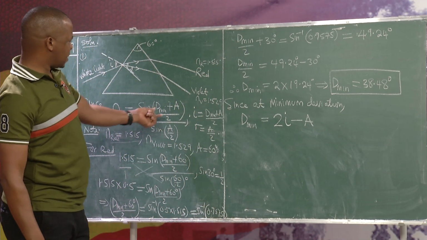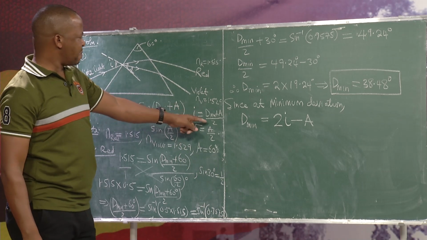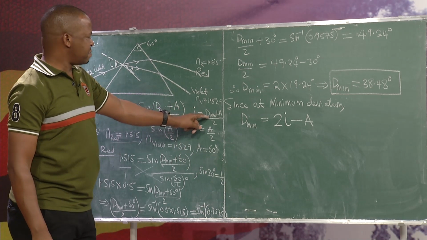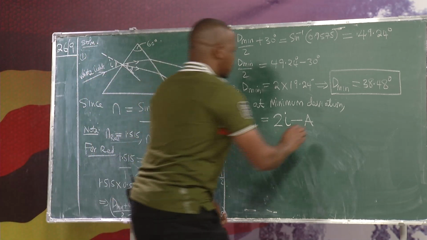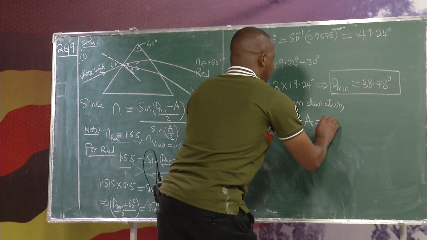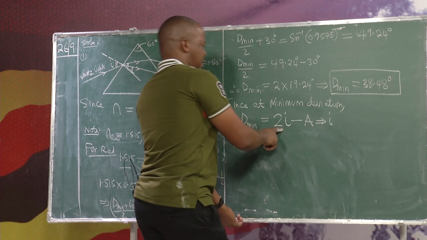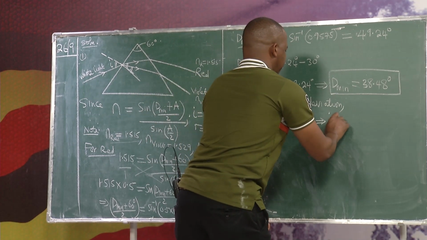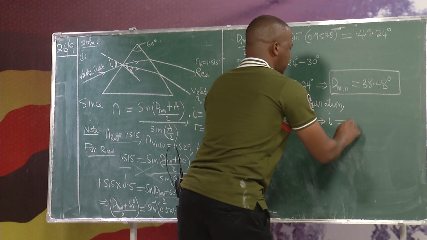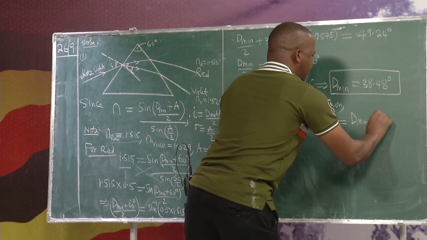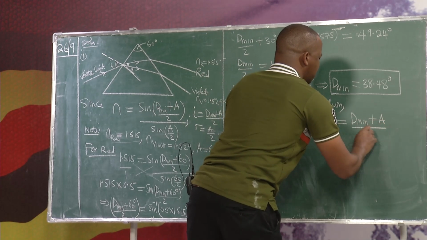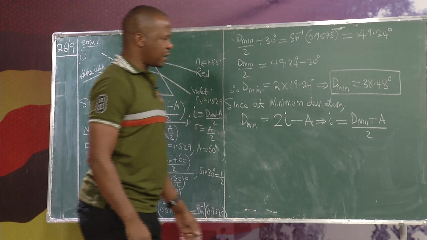This is where we get this. If you make D min the subject, you'll get that. This implies that the I, which is here, if made the subject, will be equal to D min plus A over 2, which I earlier shared.